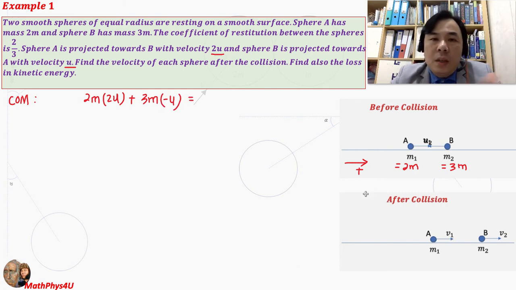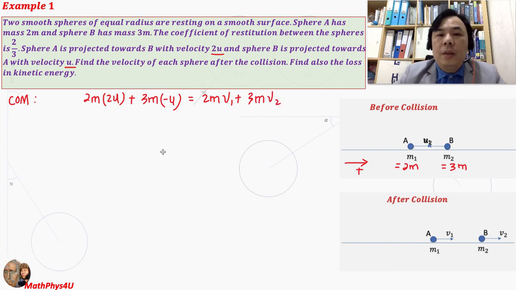And then after the collisions, basically I have no idea how they would behave after collisions. So in this case, it doesn't matter how they behave, you can just write this as 3m and then v2.